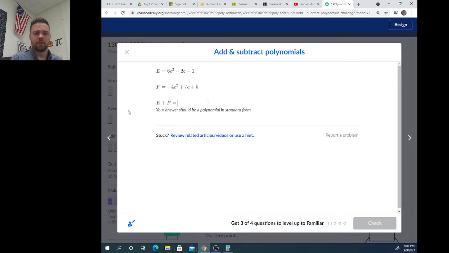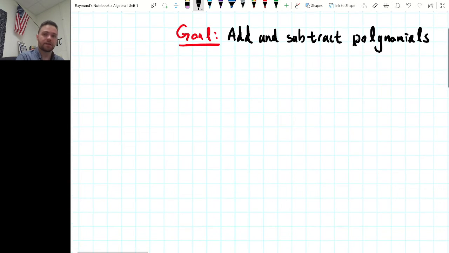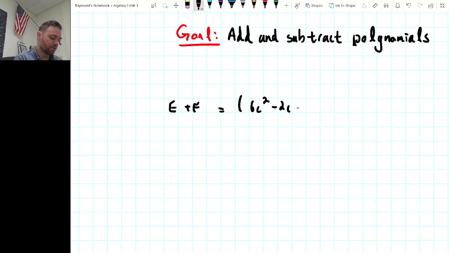So hopefully you've had a go at it. So I'll go ahead and write it over here. Since E is 6c squared minus 2c minus 1, and I'm trying to find E plus F, and F is negative 4c squared plus 7c plus 5, then we've got 6c squared minus 2c minus 1 plus negative 4c squared plus 7c plus 5.